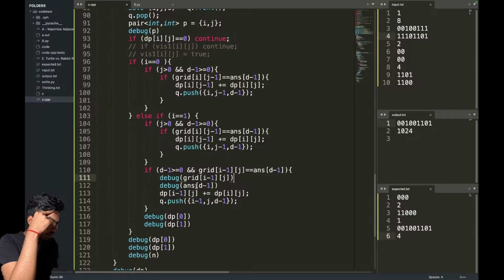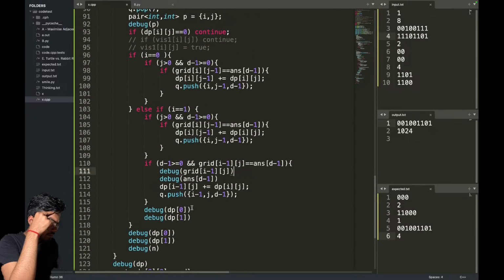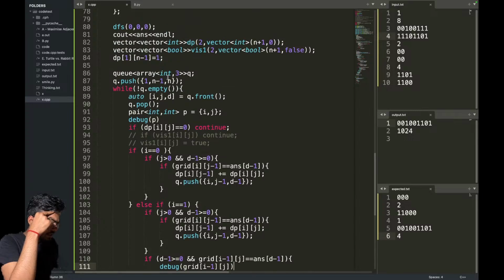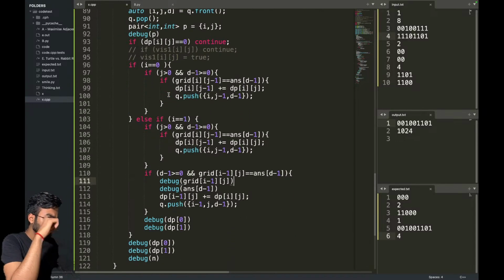Answer of d minus 1. So d minus 1 is greater than 0. I minus 1 is greater than equals to 0. I'm starting with nth character and I'm going till that now.